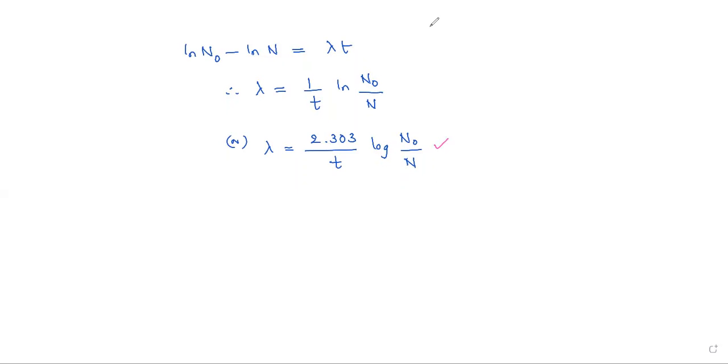See here, N0 is the initial number of atoms, N is the number of atoms left at a time t.